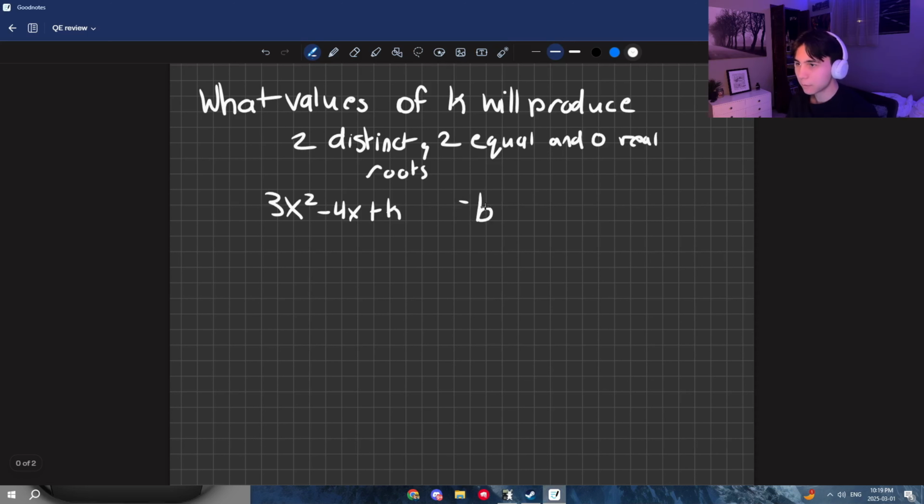So if we take a look at our quadratic formula, we have negative b plus or minus the square root of b squared minus 4ac all over 2a. What's inside of the square root will tell you how many solutions there actually are to an equation.